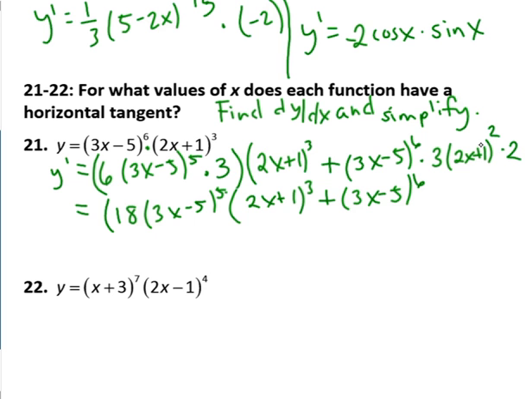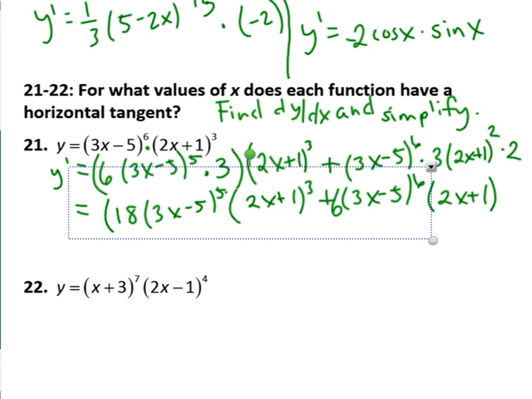And then here we have 3 times 2, so that's going to be a 6, and I'm going to put that 6 out front. And then I'm going to, oh, oops. Sorry, guys. Okay. I meant to erase this parentheses here. There we go.